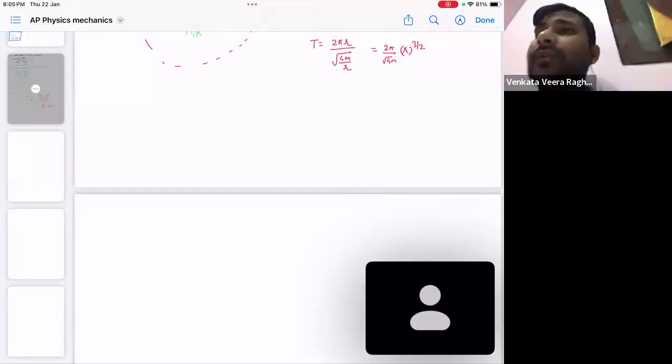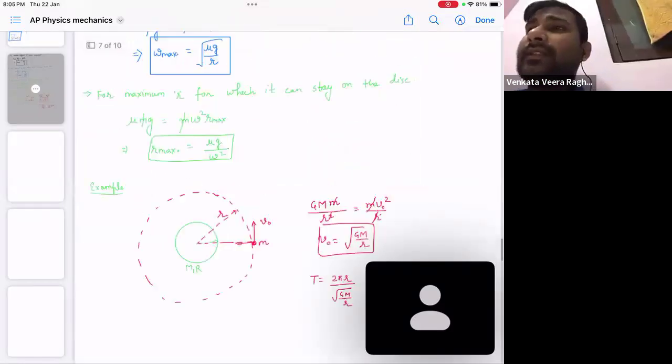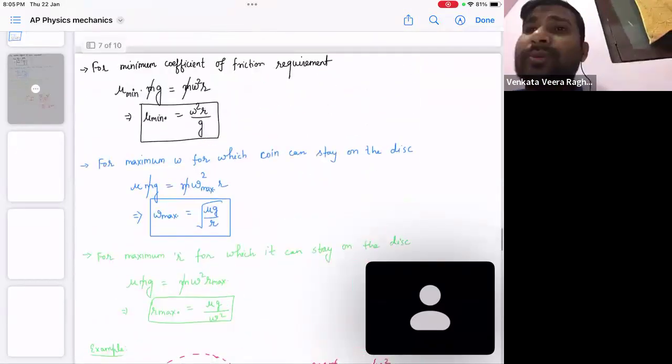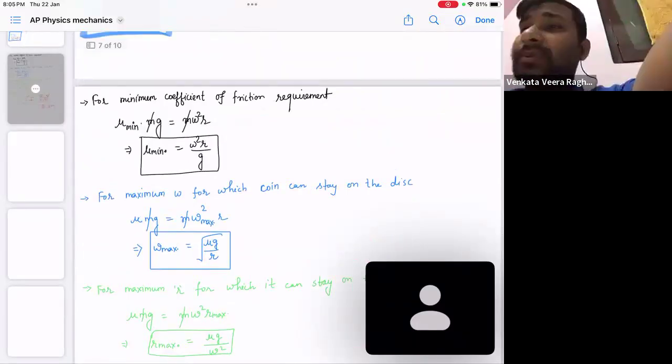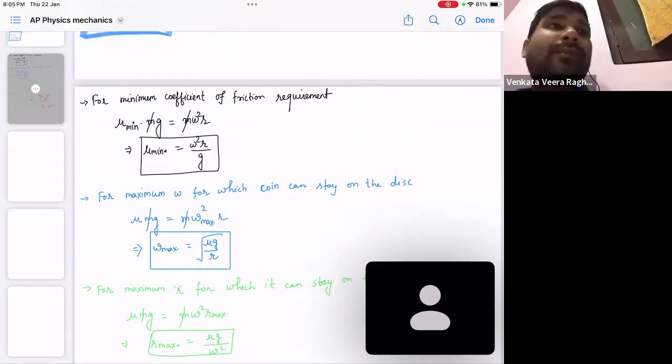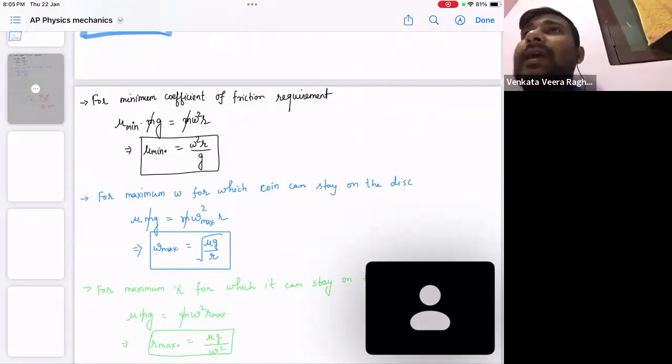Now, in circular motion, we have discussed that whenever a particle does circular motion, there is a force requirement towards the center, isn't it? And that net force towards center will come as mv square by r. The net force towards center is also called the centripetal force, right? So which force provides the centripetal force? Out of the real forces, normal is a real force, gravity is a real force, tension is a real force.